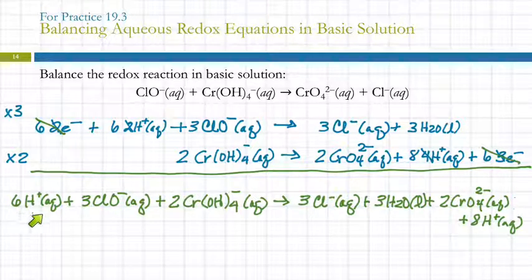If I subtract 6 hydrogen ions over here, then I'll have none. And if I subtract 6 hydrogen ions over here, I'll have 2. So I'm going to do that. I'm subtracting 6 hydrogen ions from each side. Any questions?